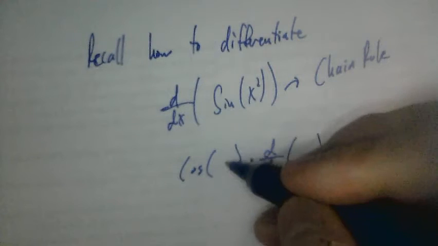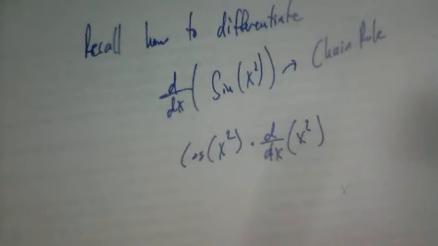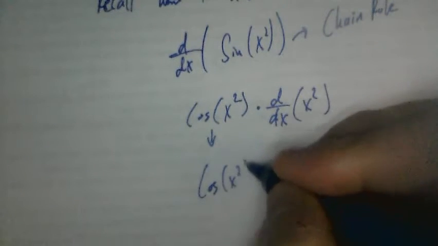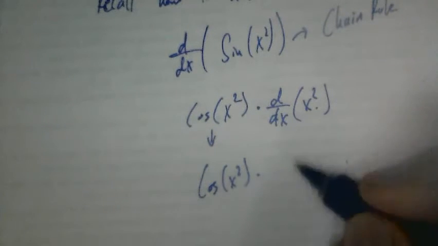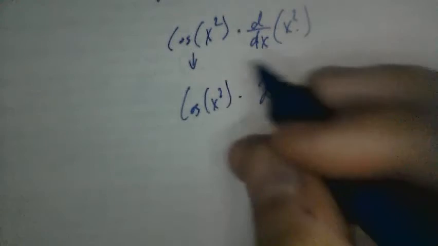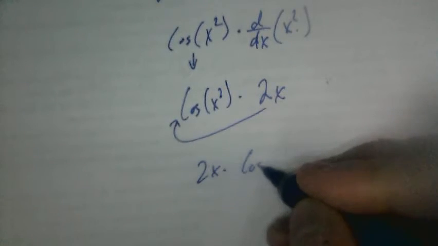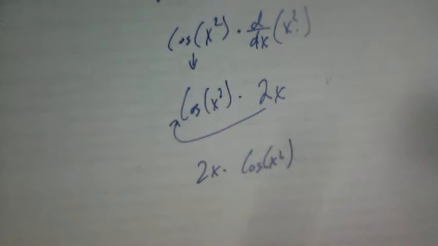Well, x squared goes here and here, and so what we get then is this stays the same, so this is cosine of x squared times the derivative of x squared, which is 2x, and then we rewrote the problem, moving this to the front, as 2x times cosine of x squared, okay? And then this was my final answer. We boxed it in, or you bubbled in whatever the answer was.